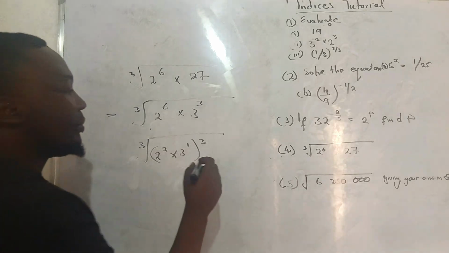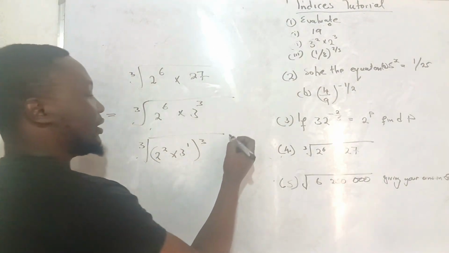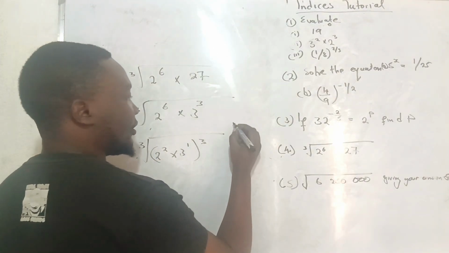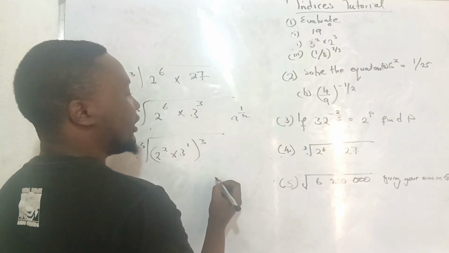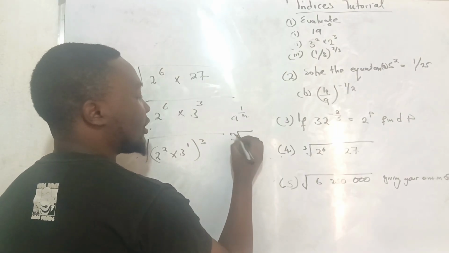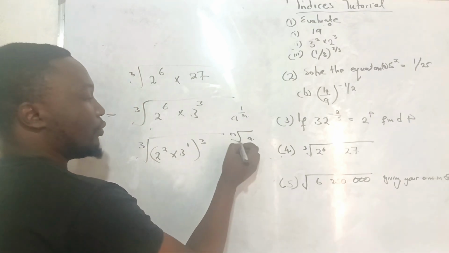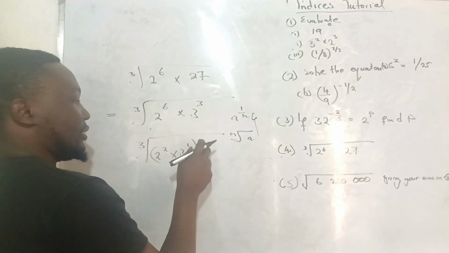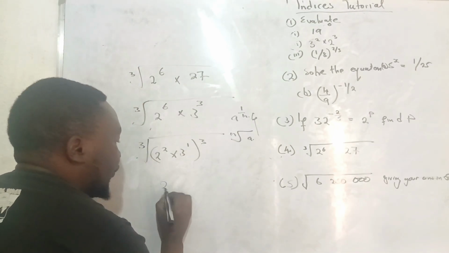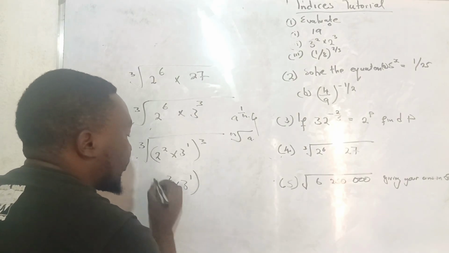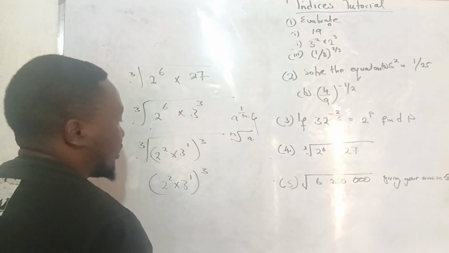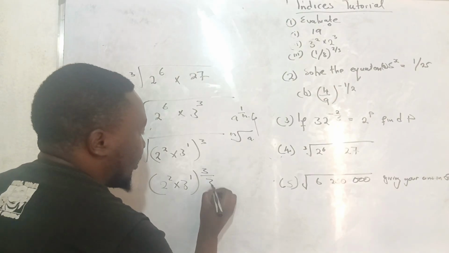So you still remember fractional index. What does fractional index say? It says that if you have a to the power m over n, you are going to say the nth root of a to the power m. So we want to move from this to that. So we are going to have 2 squared multiplied by 3 to the power 1, with 3 as the numerator, over 3.